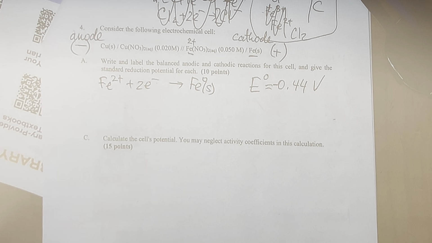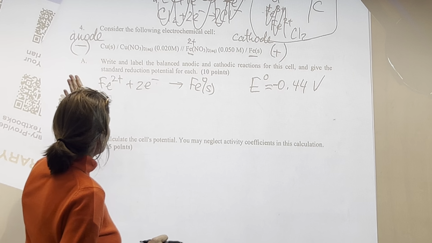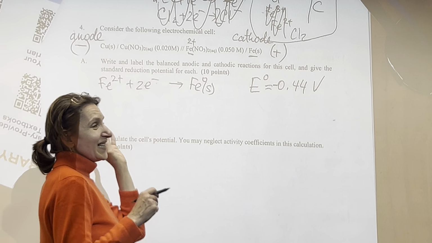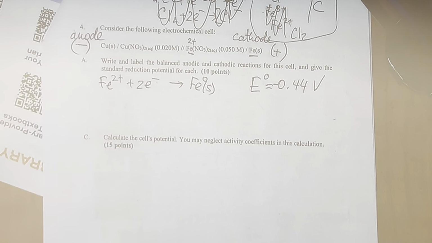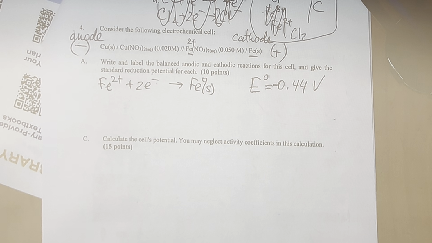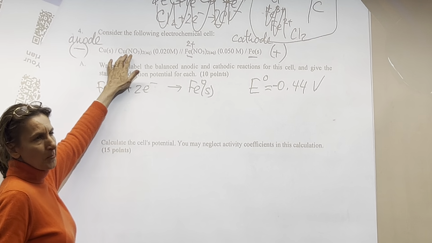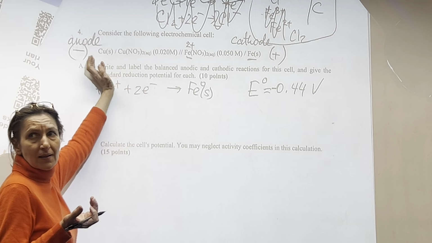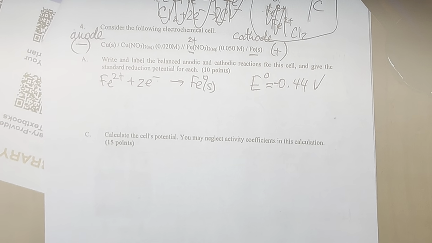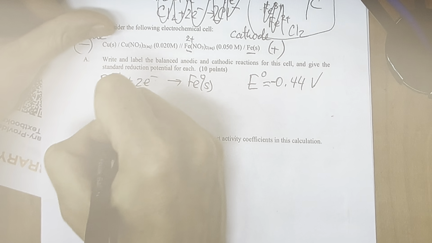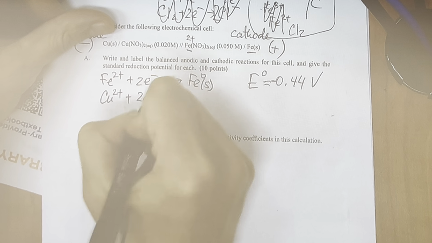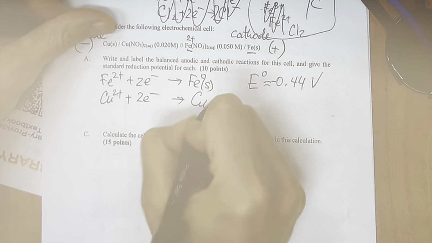All right? So far we are good? The second one, the anodic side. We know it will be an oxidation, but we will use reduction potentials. That's why we will write it as a reduction. So copper will be oxidized to copper 2+, but we will write it as a reduction: copper 2+ plus 2 electrons goes to copper solid.